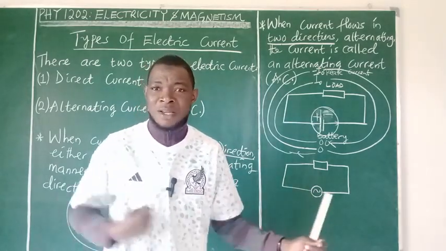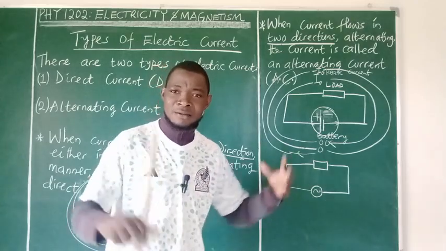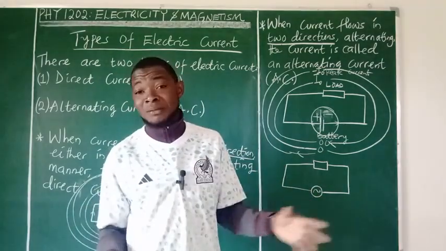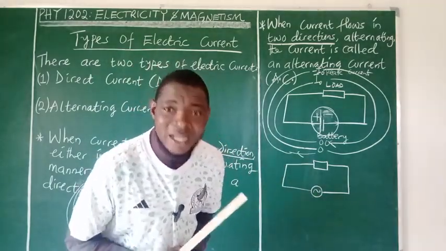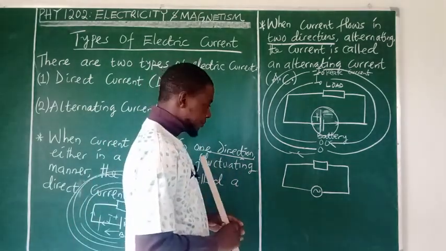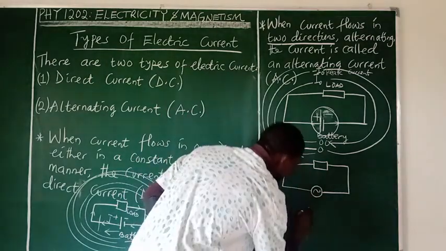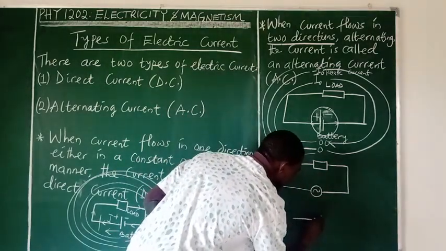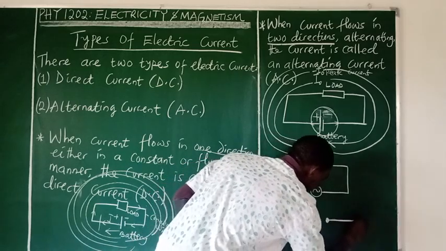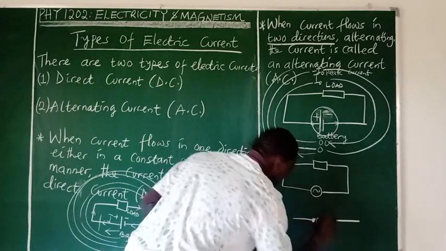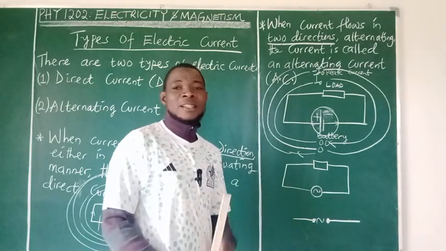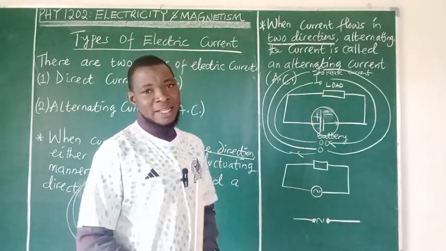If you are using a power generator engine, the current obtained from it is AC and not DC. Another symbol we use is something like this. You can use either this or this as the voltage source for the current.